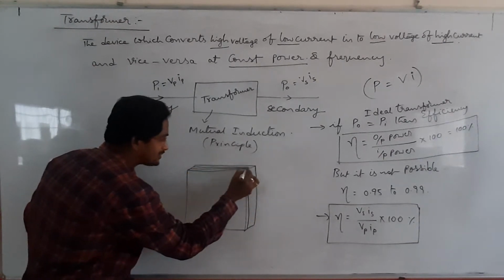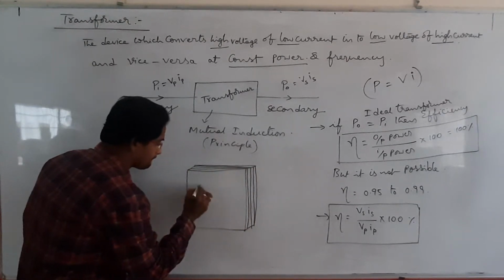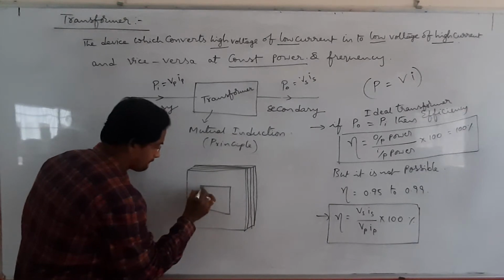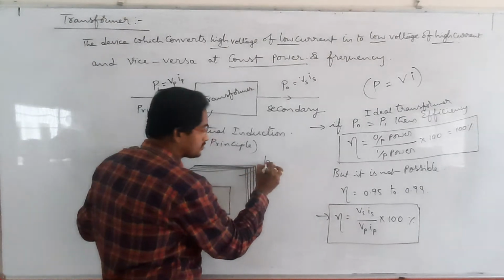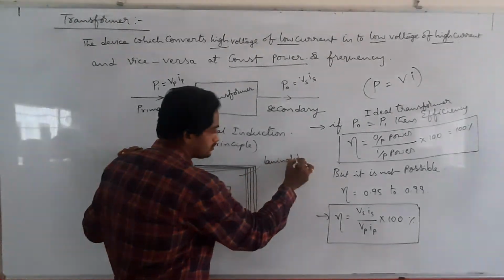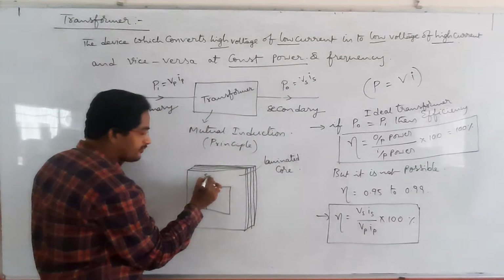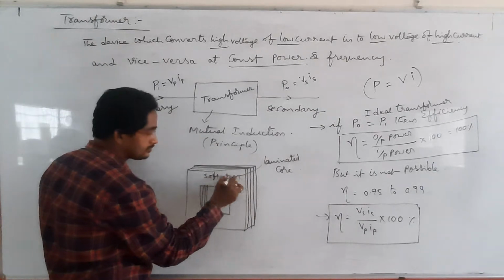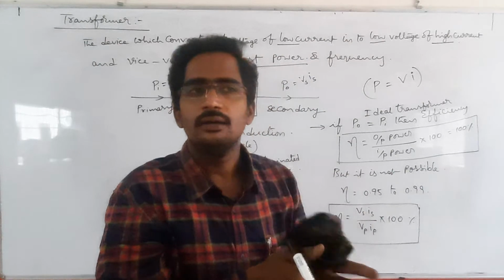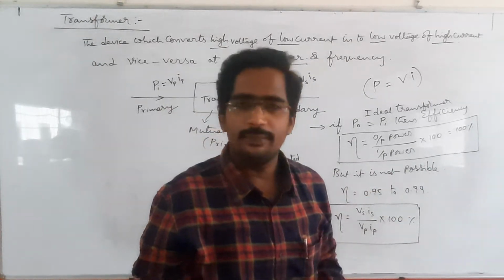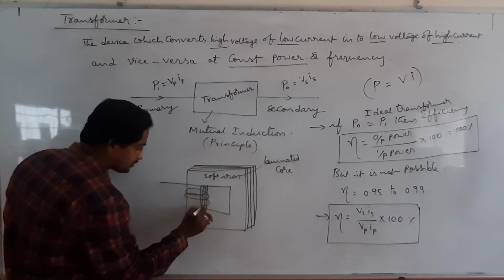These are metal plates, soft iron plates, laminated well and affixed with insulating material. Here a coil is wound at the input.